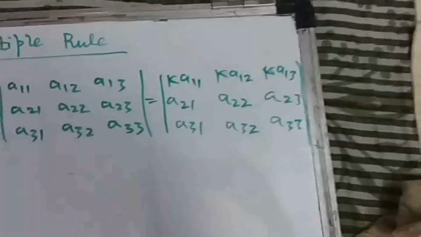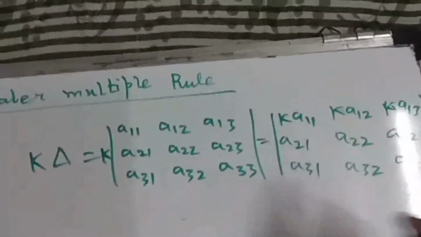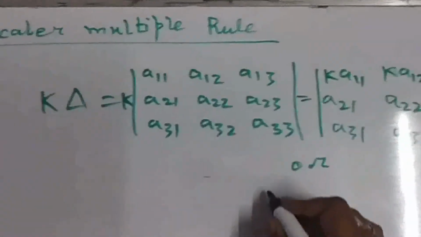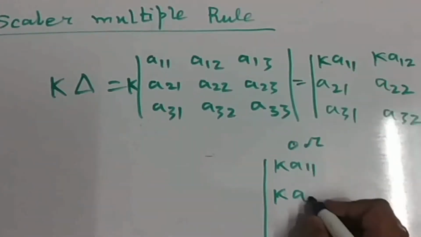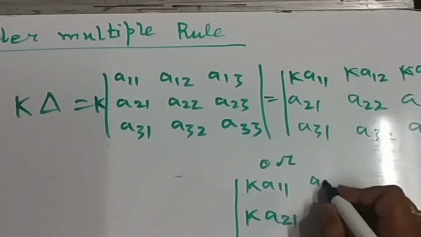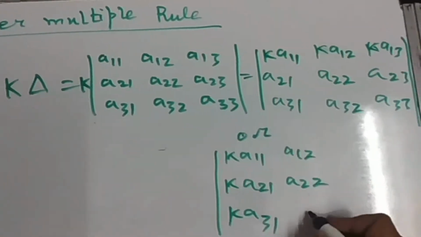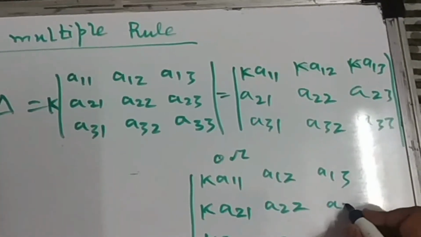You can multiply in the first column also. For example, if somebody has multiplied this in the first column, then the determinant will look like this, with the other columns as they are.